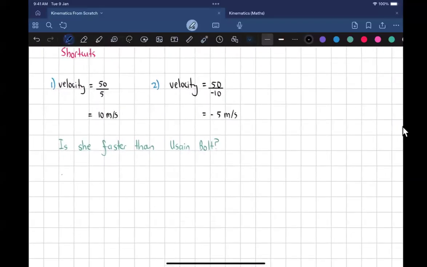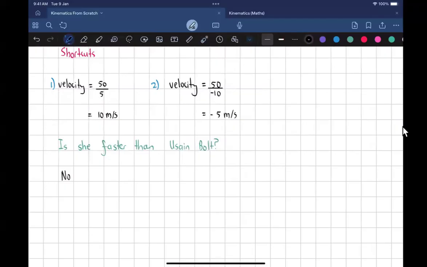So we have to say no, she did not run faster, and the reason for this is because 10.44 meters per second is more than 10 meters per second, right?